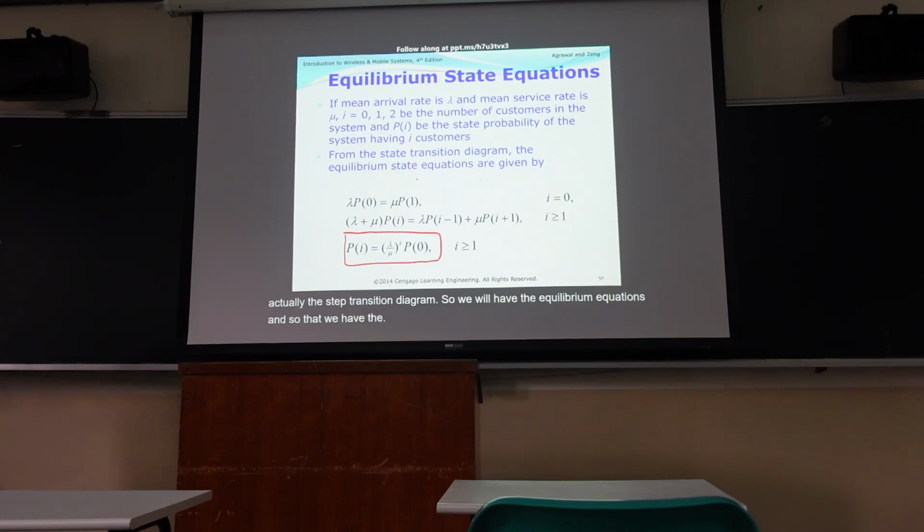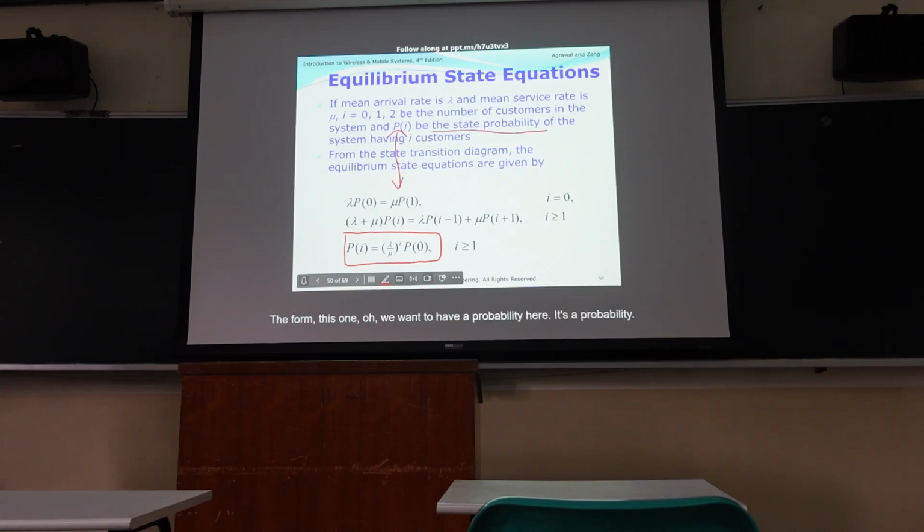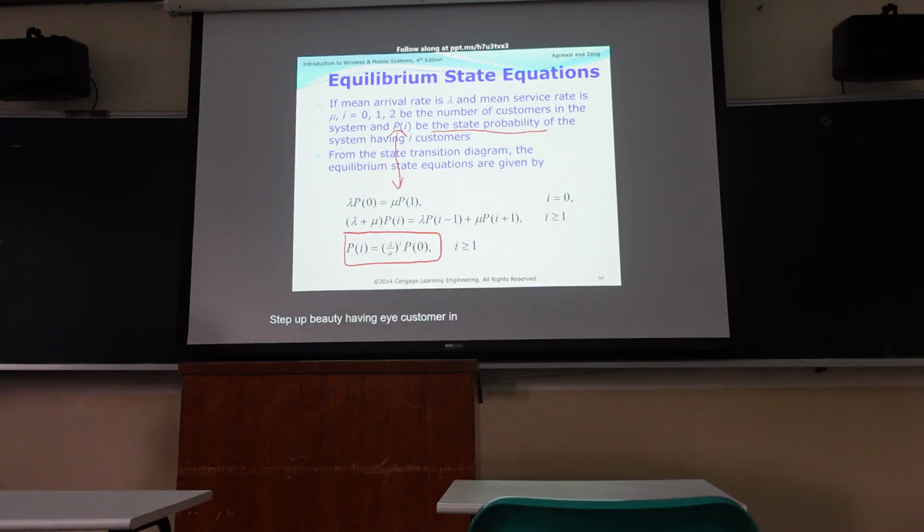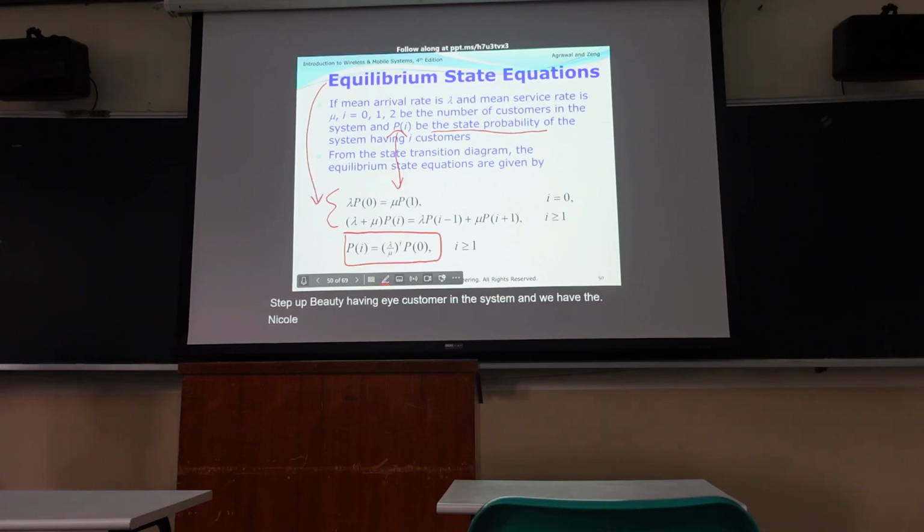Here is probability, set probability having i customers in the system, and we have the equilibrium equation. Now I want to know how to have the equilibrium equation, so that we can have the formula here. Once we have the formula, then we can derive the results.